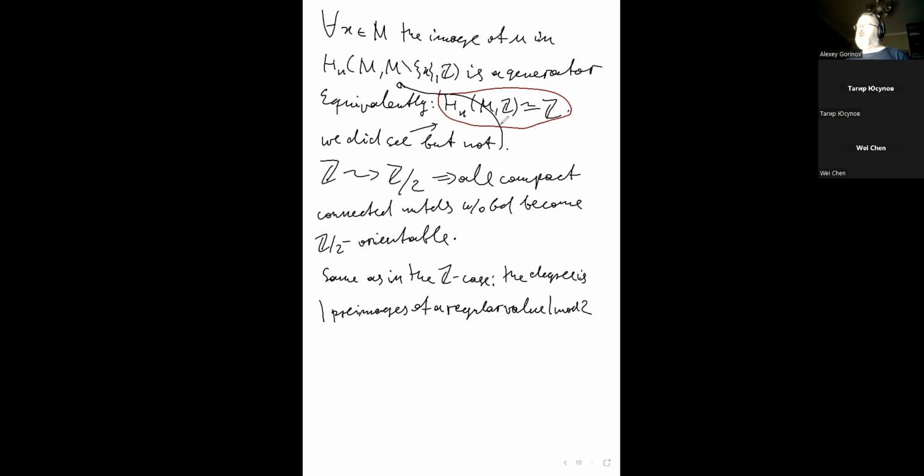Does anyone remember anything at all about this? I remember only the definition where we have the pre-image of a regular value, and then we have +1 if it preserves orientation, -1 if it isn't. But yes, I didn't remember about the proof.